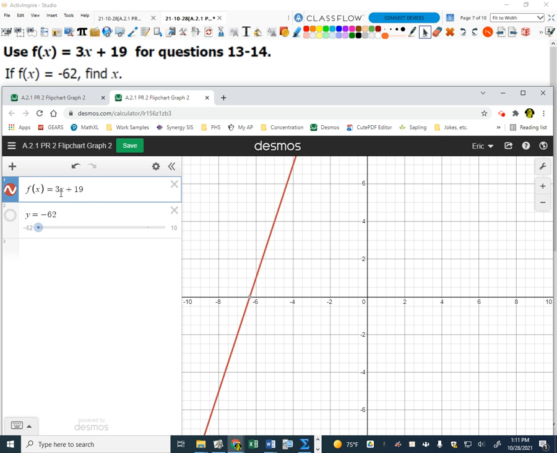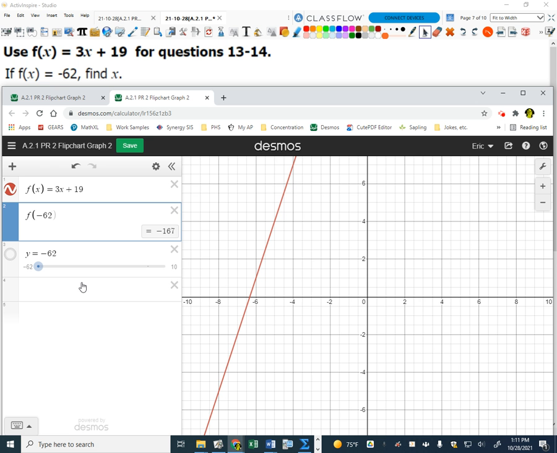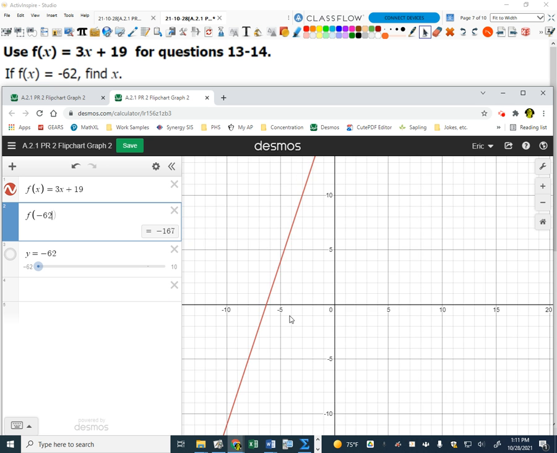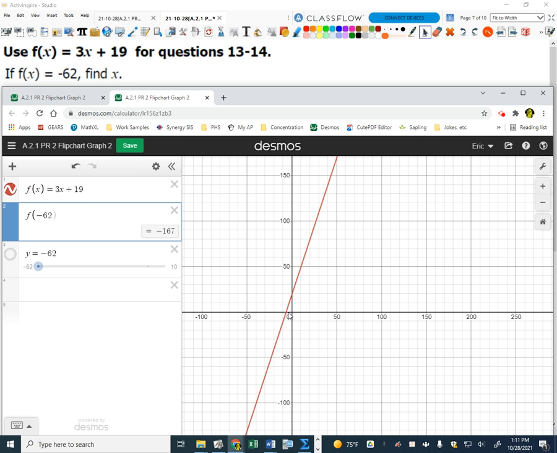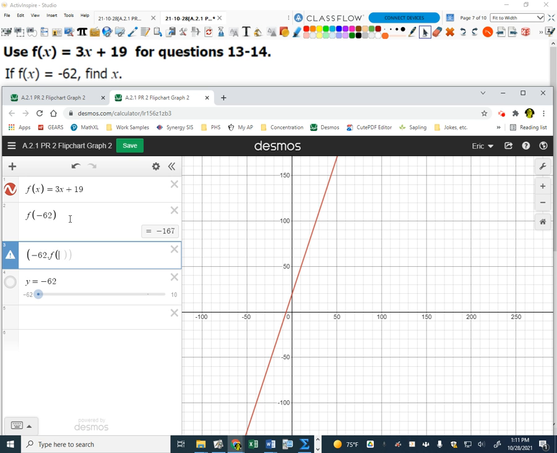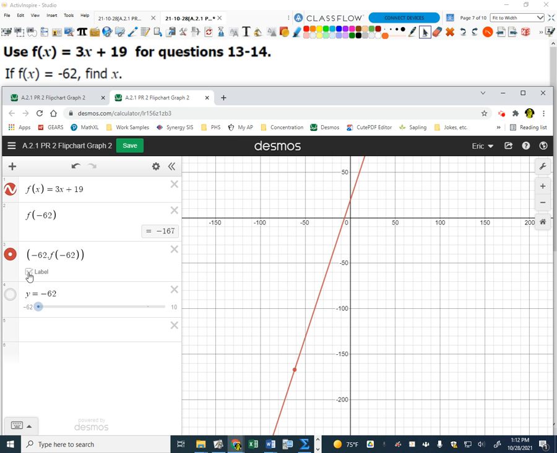Okay, so does everybody see here, if I just do f of negative 62, then I get a huge number and I have to zoom way out to see this if I make a point out of that. But if I zoom out far enough, I can see it there. Right, there's my point. X is negative 62, y is negative 167.